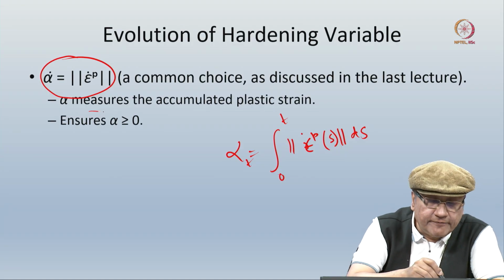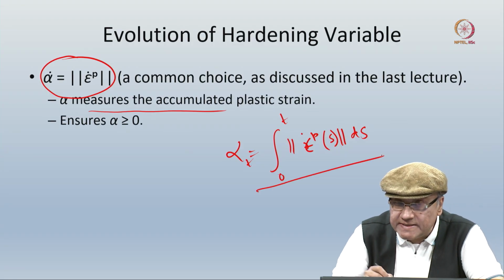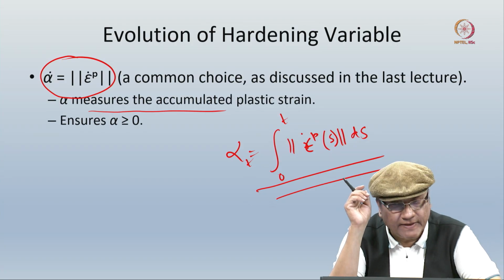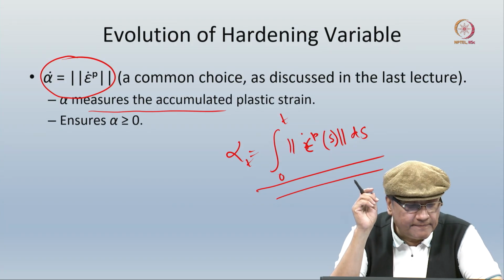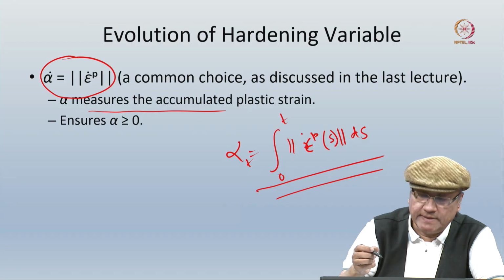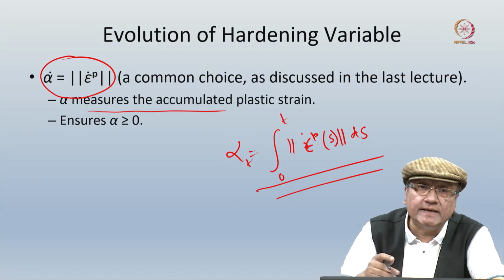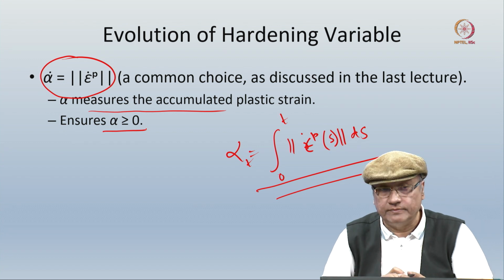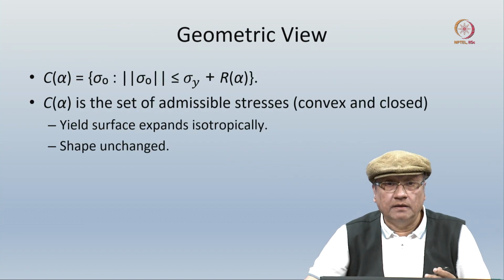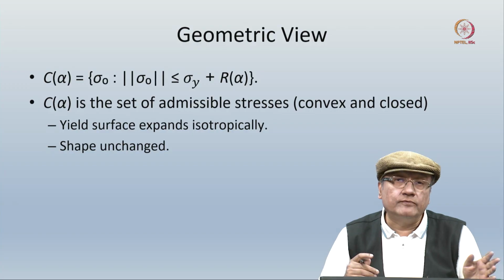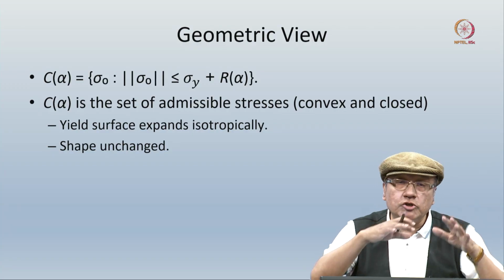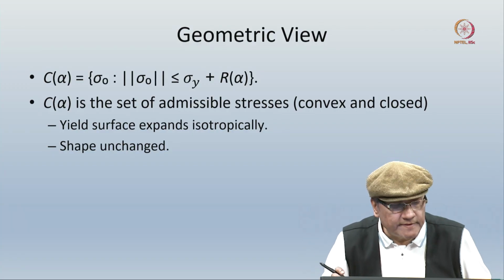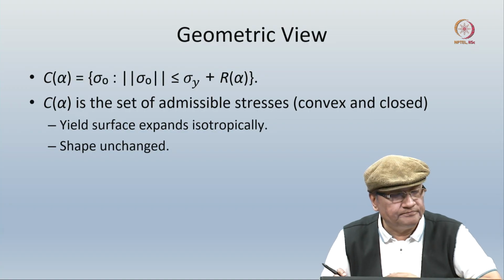But alpha therefore measures the accumulated plastic strain, and it ensures that if you evaluate this integral, it can never be less than 0. So alpha is always greater than or equal to 0, which also means that the isotropic hardening will ensure that the yield surface goes on expanding.